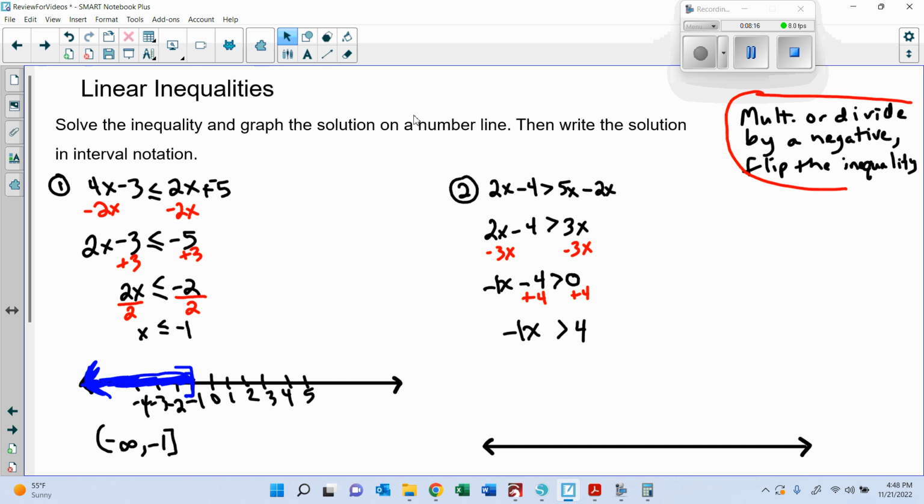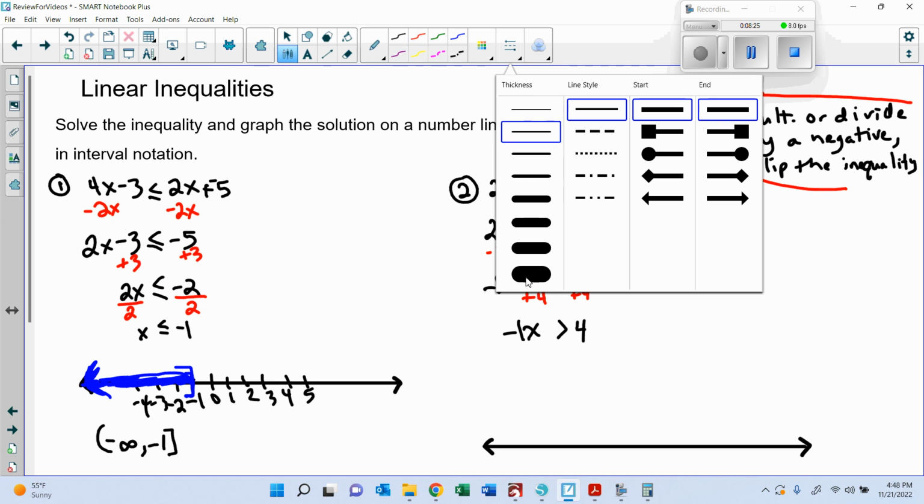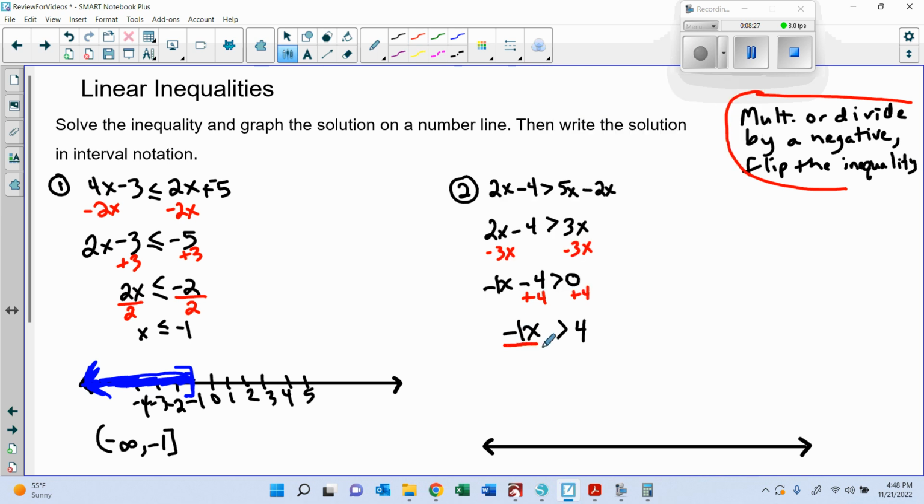So now I'm not done because it doesn't say x is greater than or less than. It says minus x or minus 1x. So just like normal, I'm going to divide by whatever's in front of the x, which is -1. But what did I just do?